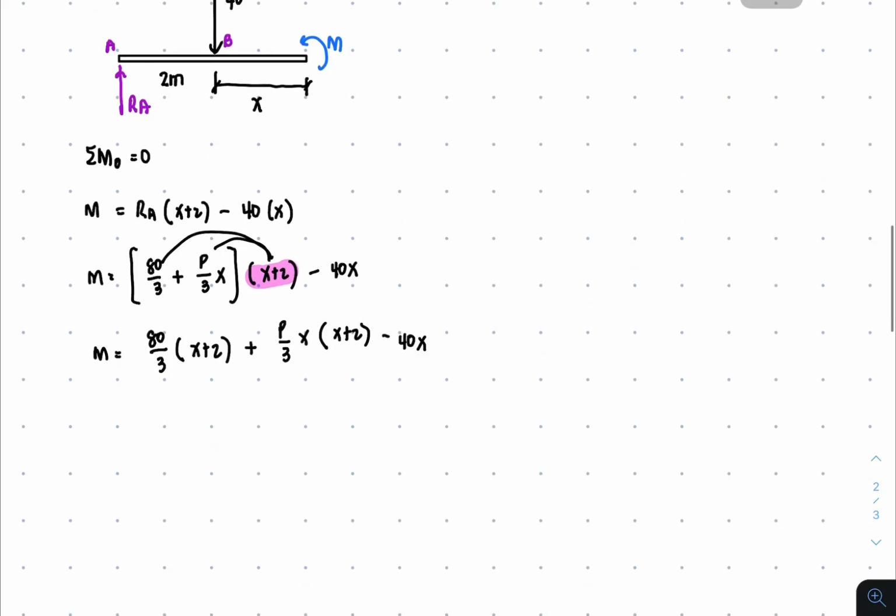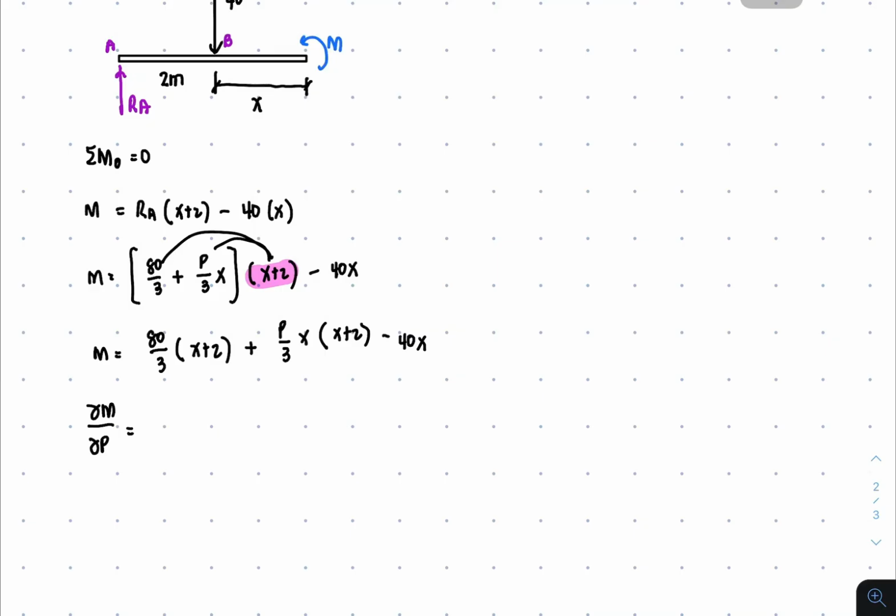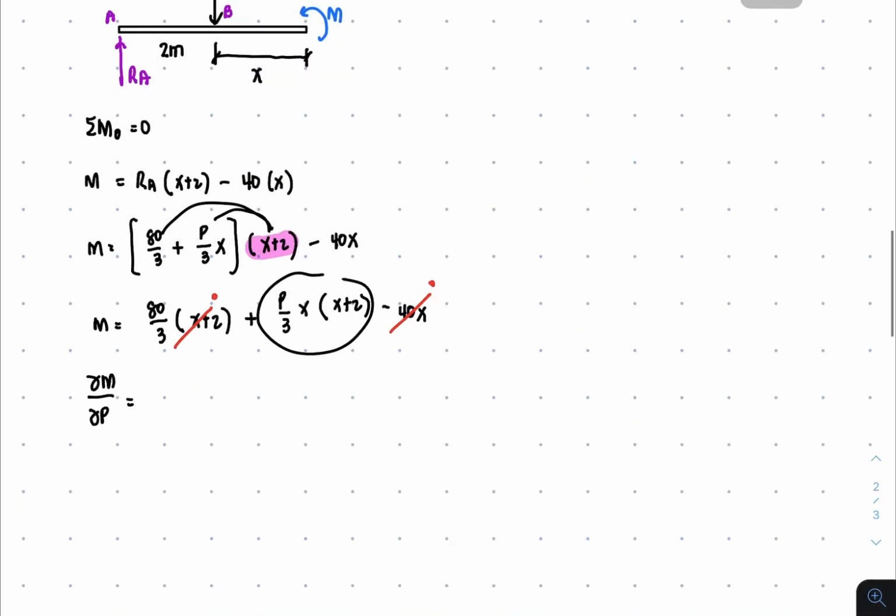So this time, we are now going to get the partial derivative of M with respect to P. Again, all the terms without P are set to 0, and then for this term here, get the derivative.